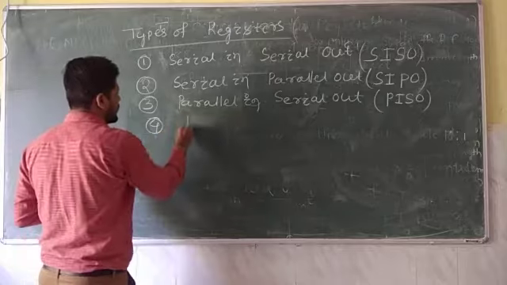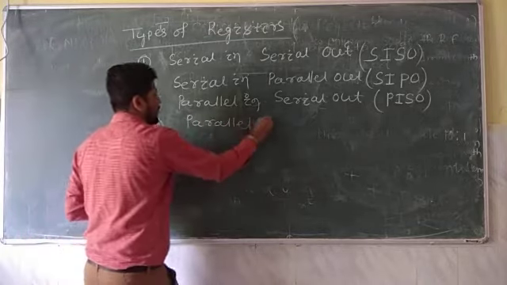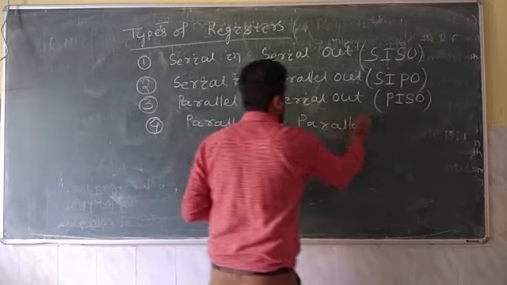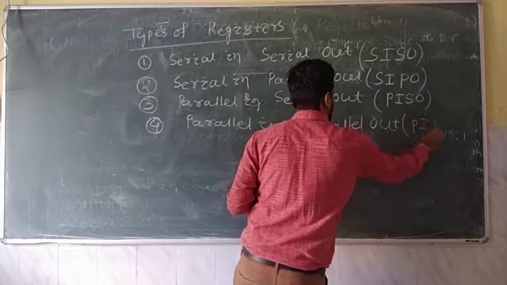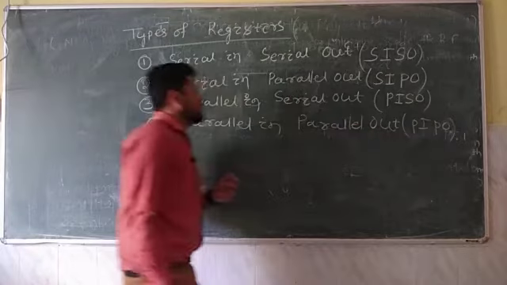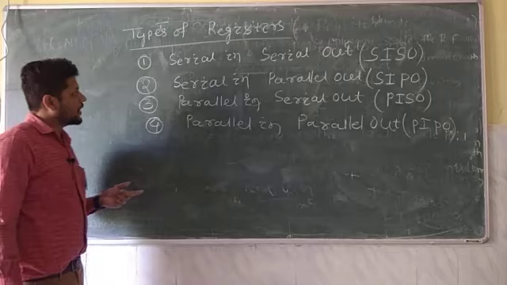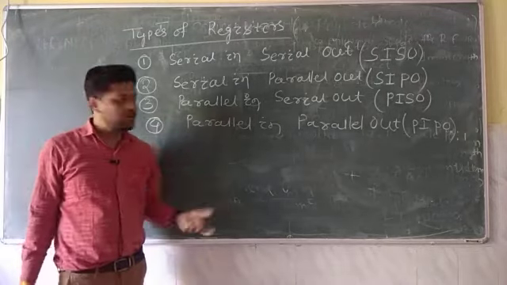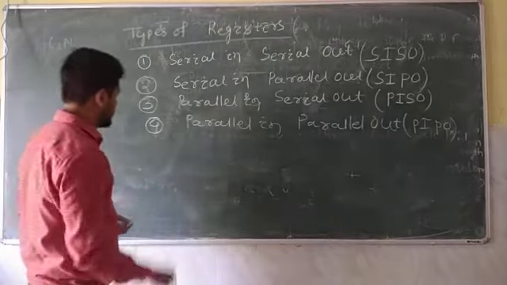And next is parallel in, parallel out. So this is how you classify registers. First one is serial in serial out, second one is serial in parallel out, then we have parallel in serial out, and the next register is the parallel in parallel out register.